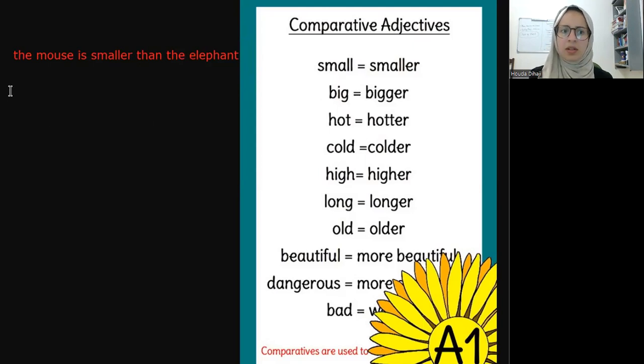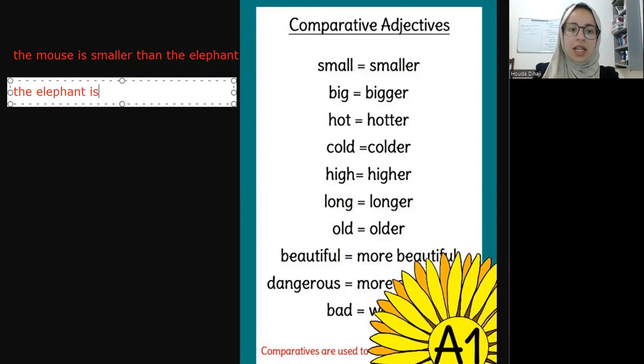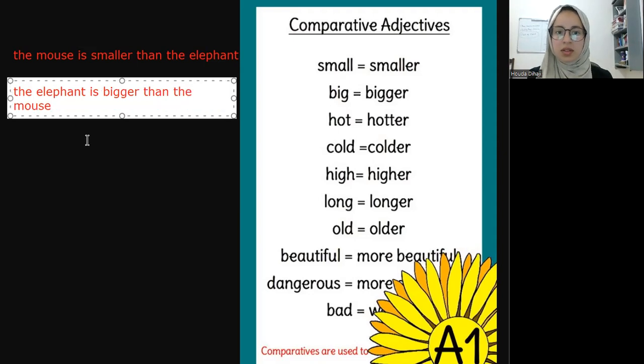The same example. We want to say that the elephant is big, but the mouse is small. How to say it in English? It's very easy. We say the elephant is bigger than the mouse.